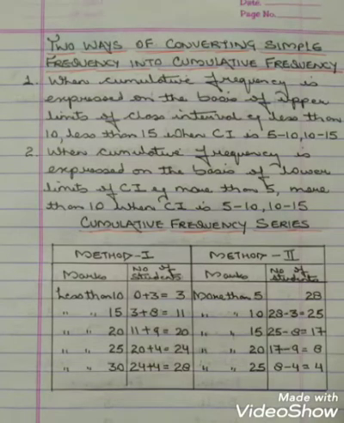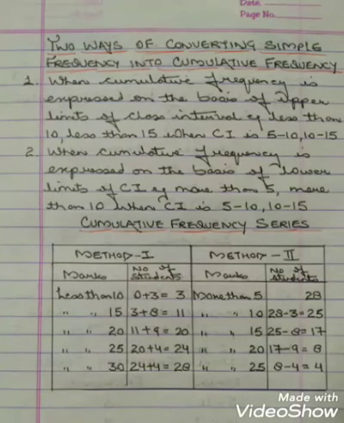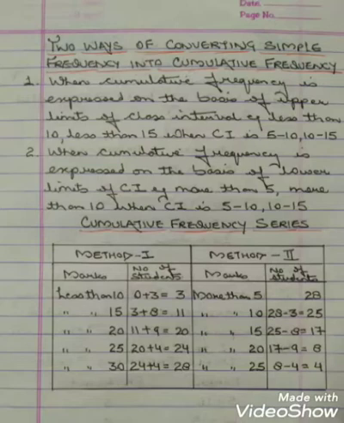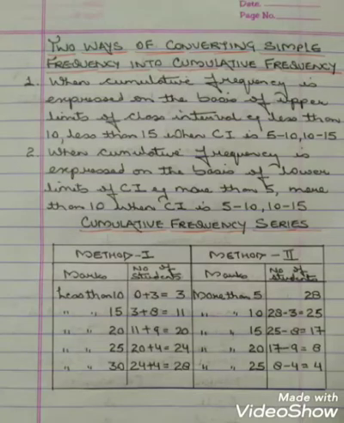That means when you convert it into a cumulative frequency, you will be writing less than 10, less than 15. And the other way is when cumulative frequency is expressed on the basis of lower limit, then what do you do?